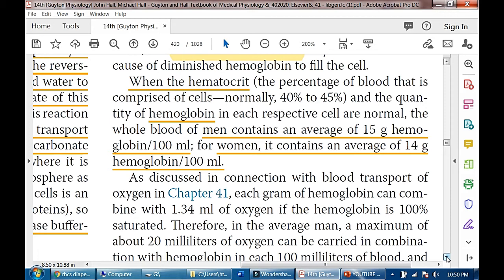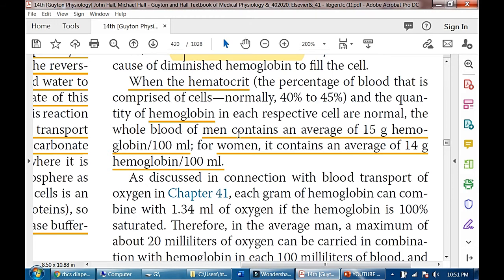And when the hematocrit, do you know what is hematocrit? Hematocrit is the percentage of blood that is composed of cells, normally 40% to 45%, and the quantity of hemoglobin in each cell is normal.